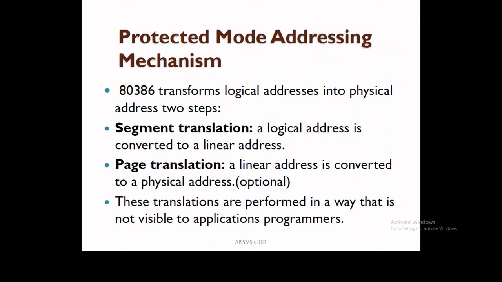The second step is page translation. It takes the linear address converted by the first step and converts it into the physical address. Page translation is optional. If the paging mechanism is used, the linear address is translated into the physical address.